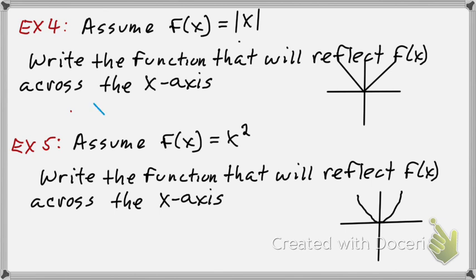So I've got y equals negative absolute value of x. So wherever y would have been above the x-axis, this is going to put it below the x-axis. So, thank you, Henry. I'm going to have something like this.